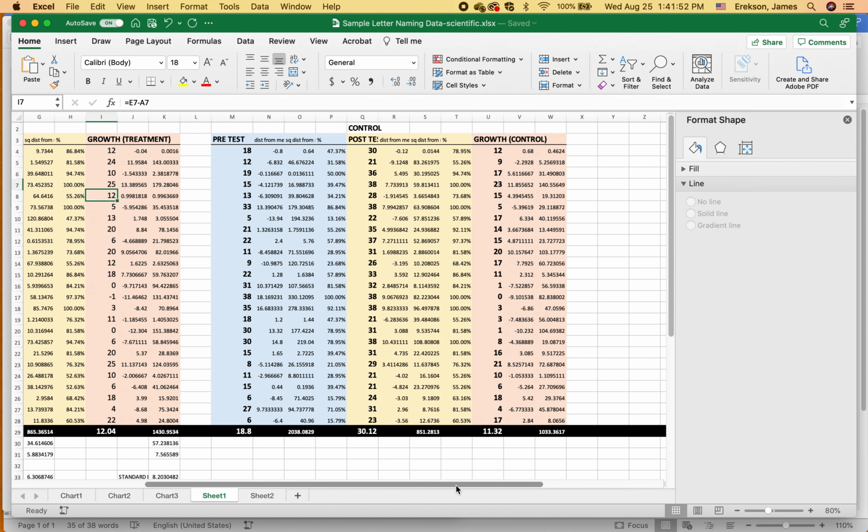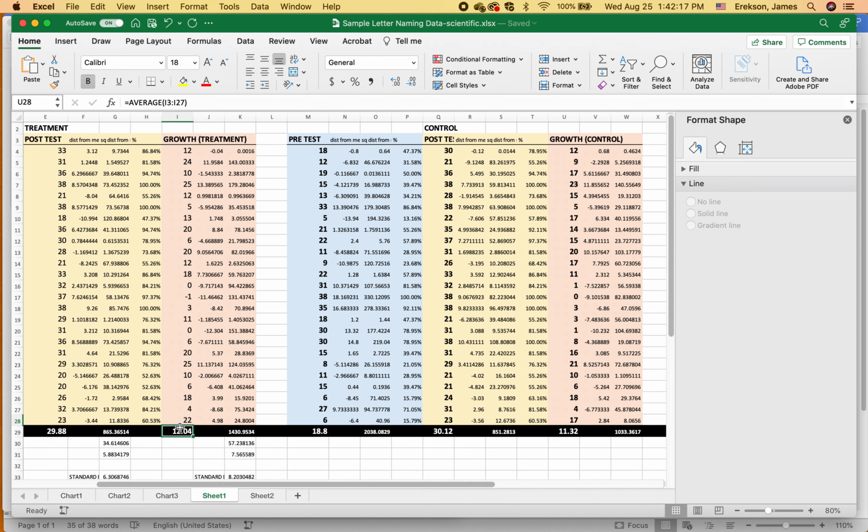If I did the same thing for the control group, at the beginning of the school year I gave them the test and their average was just about 19 letters correct. At the end of the school year, the same type of test again, their average is about 30 letters, and their difference is about 11.3, so a little bit less than the 12.04 that was over here.